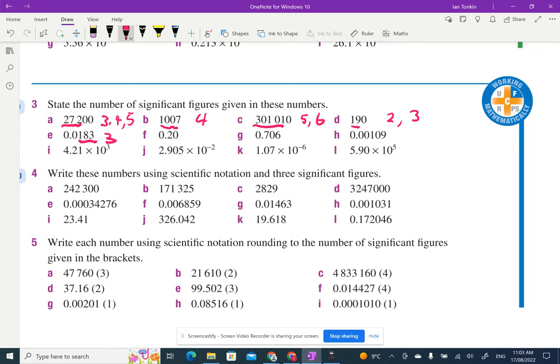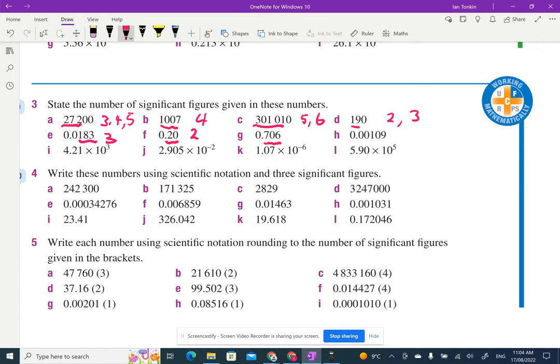The next one, the 2 and the 0, are significant. Because the 0 at the end would only be there if they'd measured it. So there are 2 significant figures there.